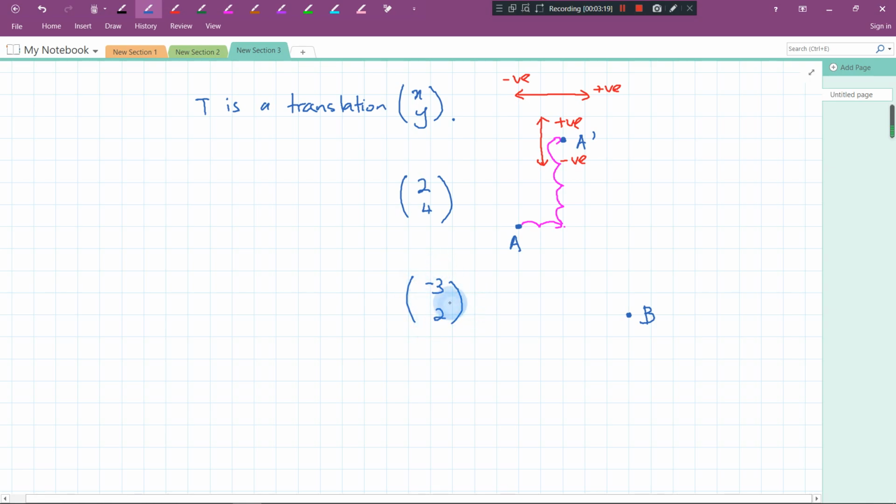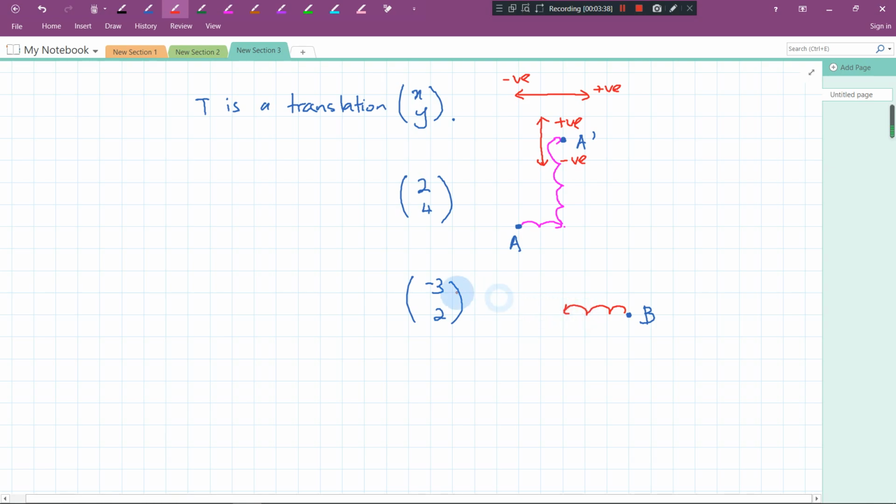When you look at this translation, you know that you are going to move this object 3 steps to the left followed by 2 steps upward, right? So 1, 2, 3.